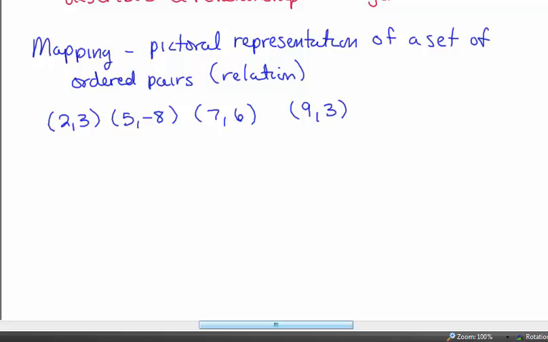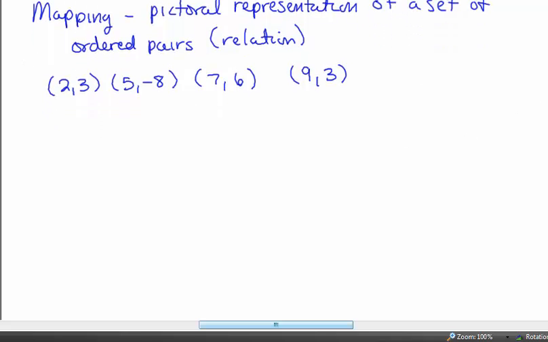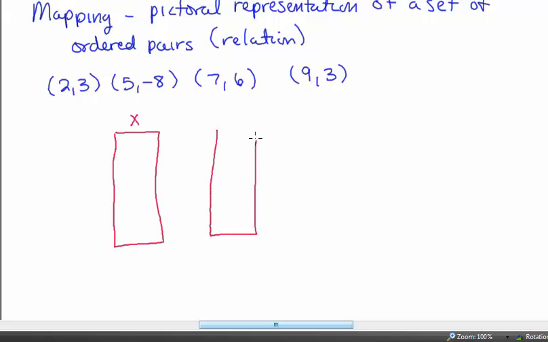Okay, to make a mapping of this, we create two boxes. The first box has all of our x's. The second box has all of our y's. And we write our x's in. And we write our y's in. And if we have the same number repeating, we only write it once.